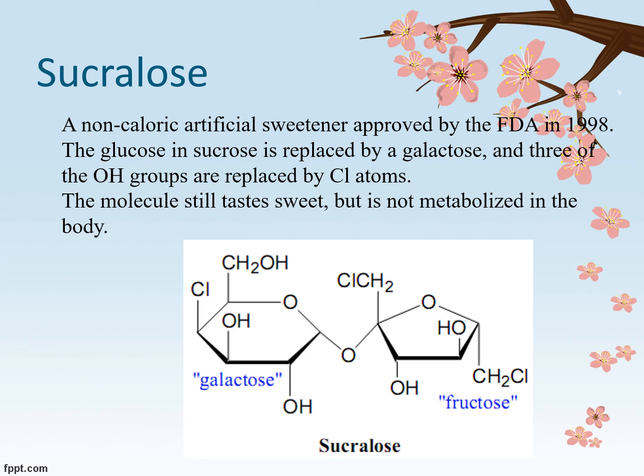Now the glucose in sucrose is replaced by a galactose, and 3 of the OH groups are replaced by Cl atoms. So this molecule will still taste sweet, but is not metabolized in the body. So it's secreted out from the body, not being absorbed by your blood.